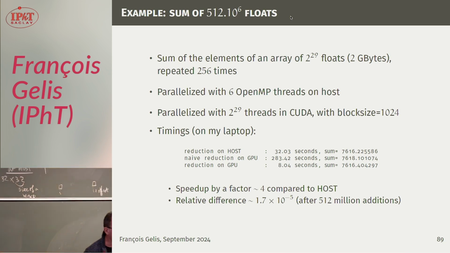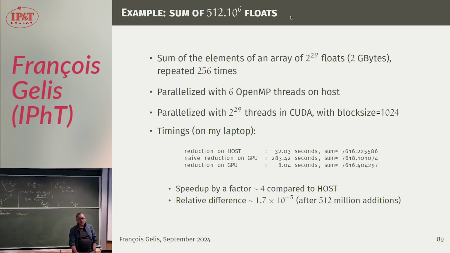So I think it's pretty good. In fact, it's after 500 million operations in single precision. This is not too surprising, given that the relative accuracy of one of these operations is about 10 to the minus 6.